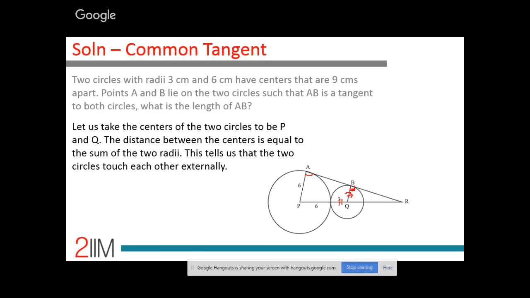What can you say about triangles RBQ and RAP? Similar. Two angles are 90, one angle is common. And so these two triangles are similar.